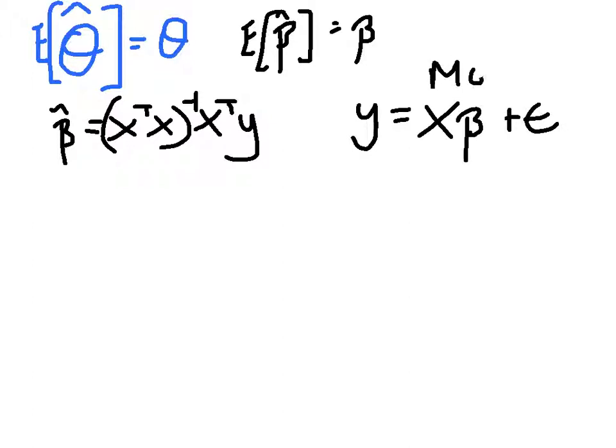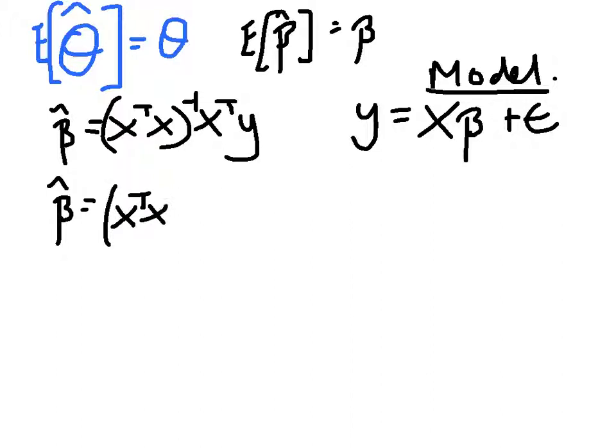Now remember, this is our statement of a model, but we insert this into our expression for the estimator. So beta hat is a realization of a random variable given by (X^T X) inverse X^T (X beta plus epsilon).